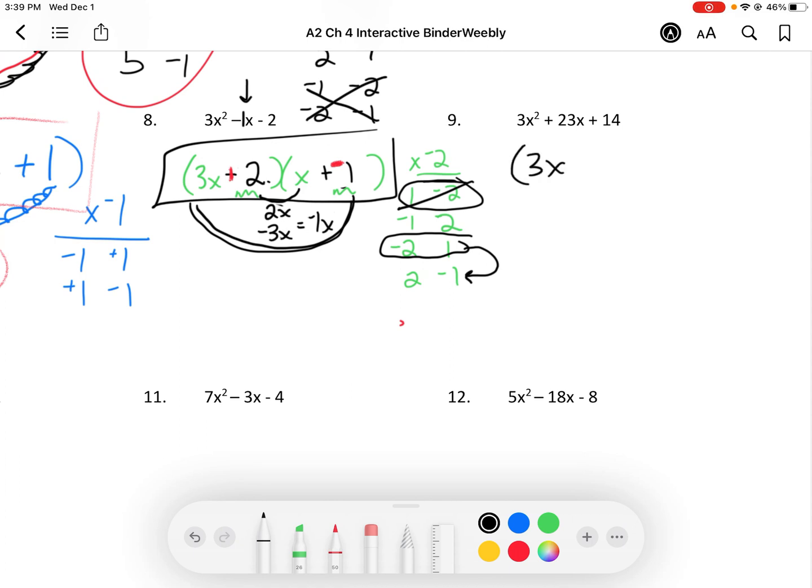All right, next problem. 3x times x gives you 3x squared. Now we're multiplying to 14.